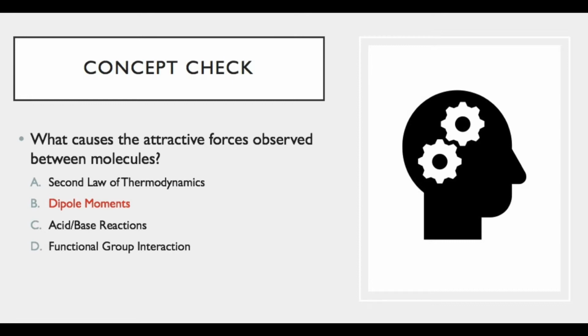So that when you have those attractions and you have many molecules together, you're going to have counteracting charges that are going to be attracted to each other, right? So that is the reason why intermolecular forces exist, because of electronegativity differences and dipole moments, as we will soon visualize.